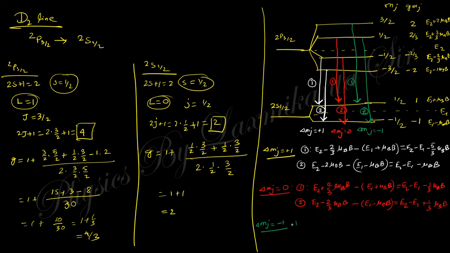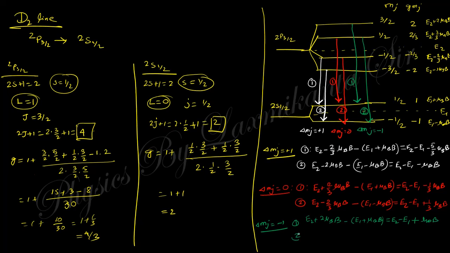For 1, this value is E2 plus 2 mu B B minus E1 plus mu B B. So you will get E2 minus E1, 2 minus 1, so this is mu B B.